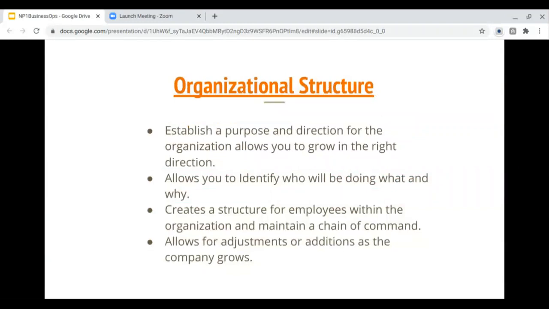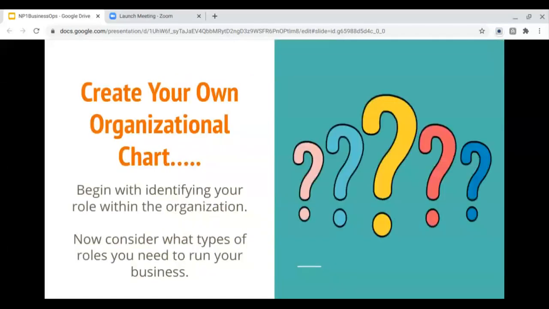It creates structure for yourself as well as your employees and helps them get an understanding of your chain of command. And in doing an organizational structure, you're not necessarily setting it in stone. It's something that you can add to, make adjustments to as your business grows.